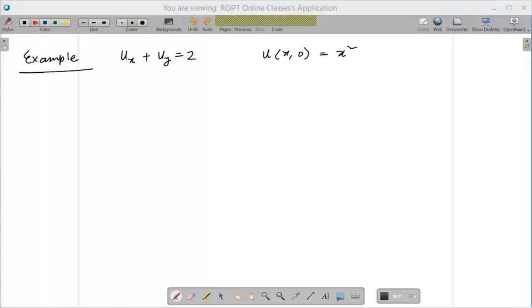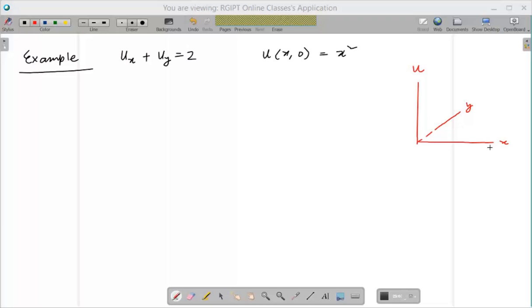I have x here, let's say I have y pointing inside and u is this way. I have a condition that is given: u(x, y) equal to 0, that is x squared.